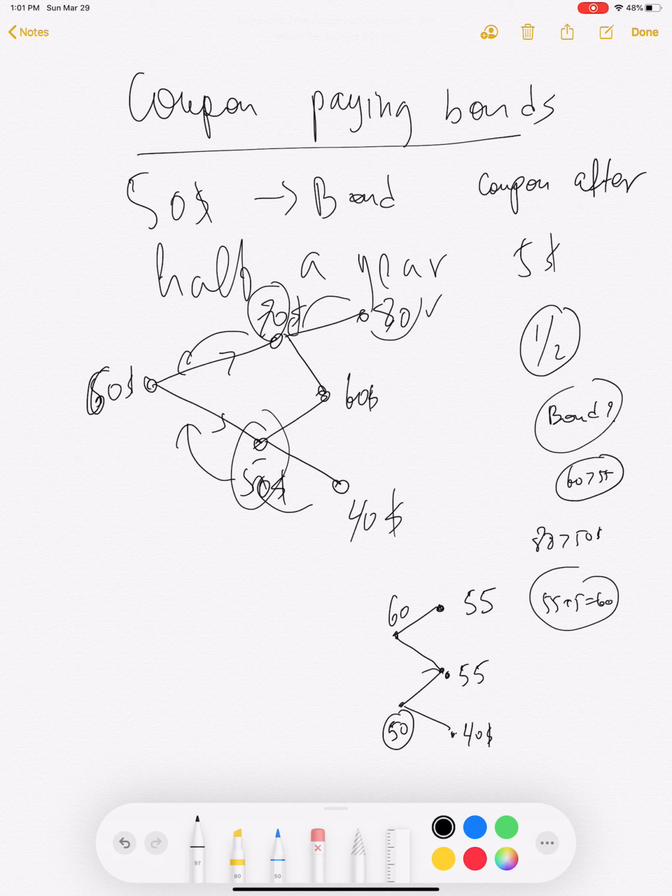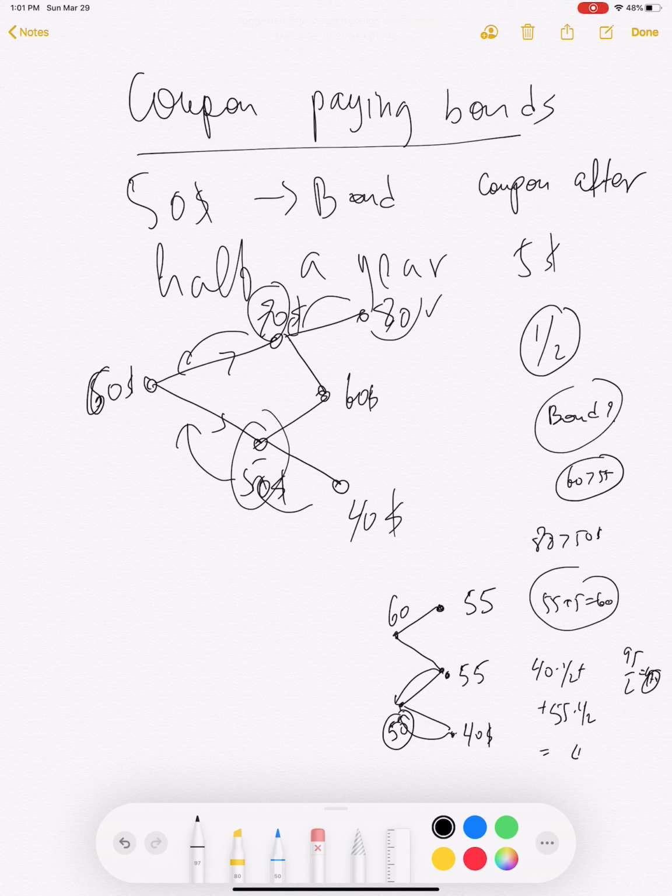When you discount back, you are going to get here 40 times half plus 55 times half. So the average is 40 plus 55 divided by 2, which is 95 divided by 2. So this is going to be 47.5 if you would discount back, but now you have to add in the coupon.